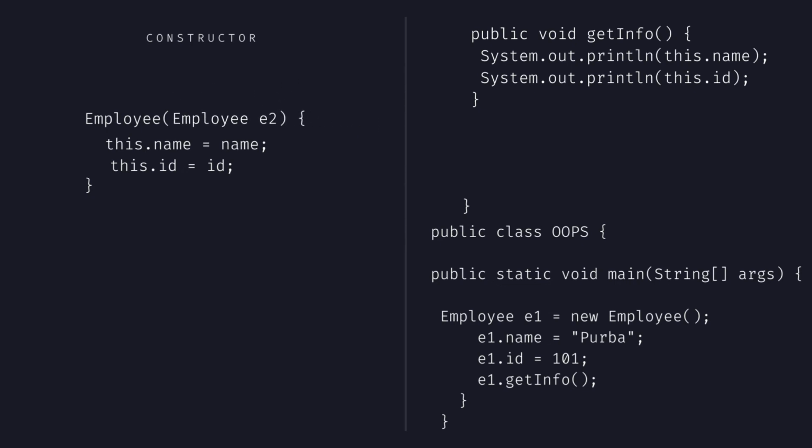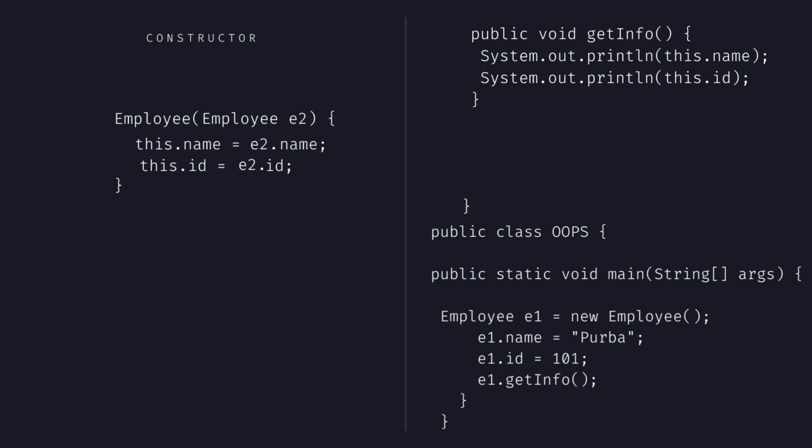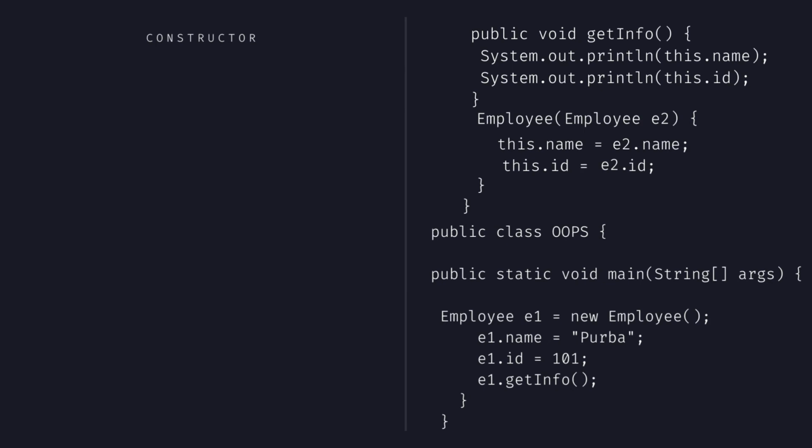The copy constructor will copy each variable of object and store in the newly created E2 object. After that, we need to create a new E2 object and we will pass the E1 object as a parameter.